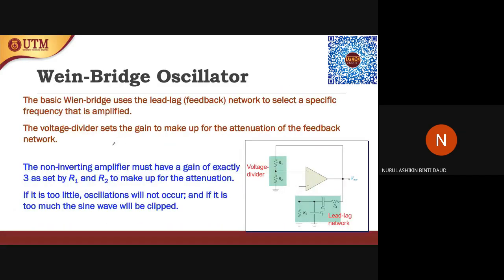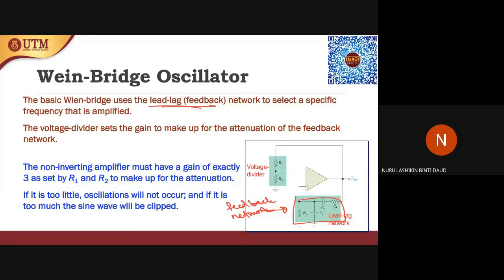So the Wien bridge oscillator uses the lead lag feedback. There is a feedback here. This is an example of the Wien bridge oscillator. This part is known as the feedback network, and this feedback network uses the lead lag network.